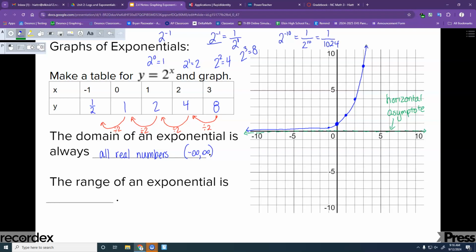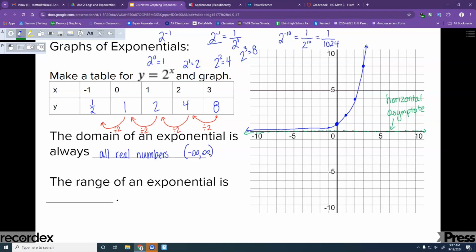Because if you think about what we did for domain, does it exist out here? Yes, it does. Does it exist over here? It does. Even though it doesn't look like it's hitting it, it's going up forever. It's going to eventually touch the graph. So your domain is always all real numbers.